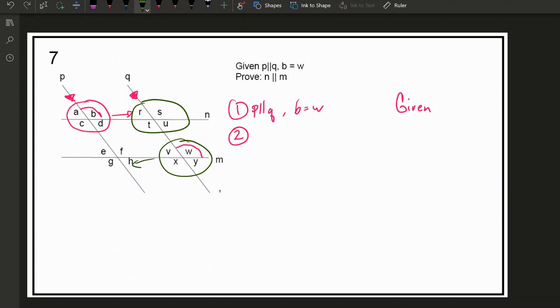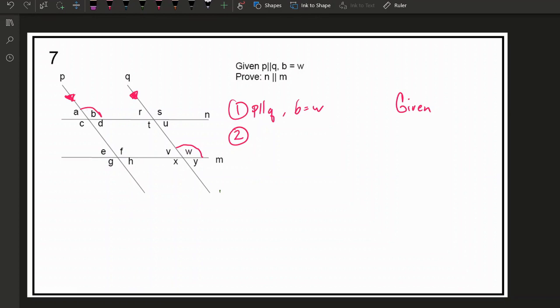What I can't do right now is take something across here. I also can't go across these ones because I don't know that N is parallel to M yet. So again, let me erase some of this. It's getting kind of cluttered. I can't say something like B and F are equal right now because N and M, I don't know if they're parallel yet, so I can't make that jump.